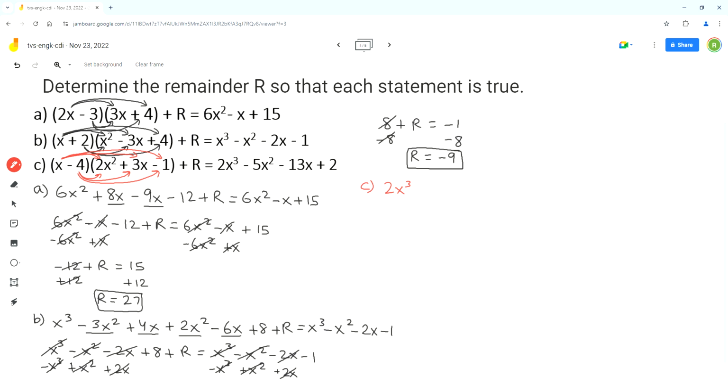X times 3x is 3x squared. X times -1 is minus x. -4 times 2x squared is -8x squared. -4 times 3x is -12x. -4 times -1 is +4.